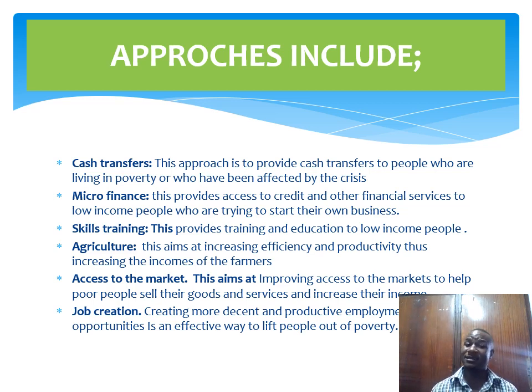Another one is agriculture. This approach aims at increasing efficiency and productivity within the agriculture sector, thus increasing incomes of the farmers. You know, the incomes are always hit by a lot of challenges.